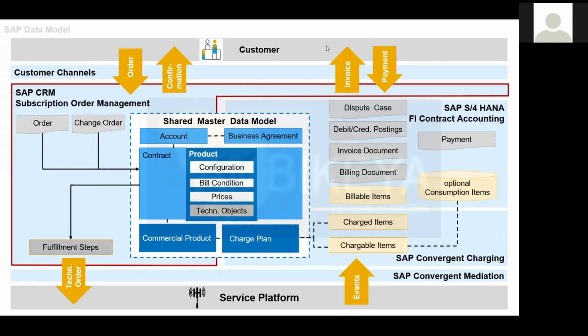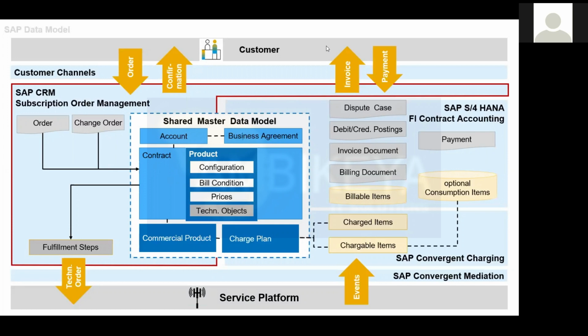We are discussing what is a commercial product and what belongs to a charge plan, in order to understand the basic terminology for price modeling. And in the end, you should be able to understand also in a project which modeling of the complete process is assigned to which component.